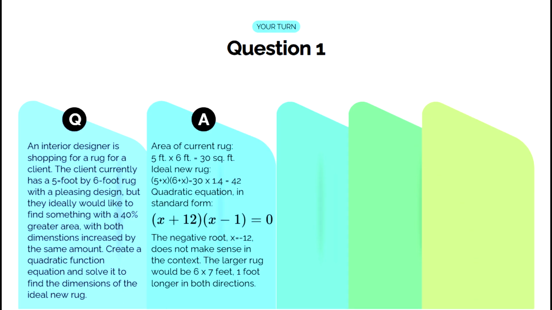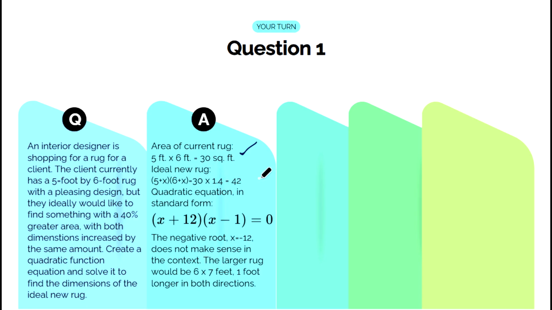Okay, this is what it says. The area of the current rug is 5 feet by 6 feet. And area is just length times width, so 5 times 6 is 30 square feet. The current rug is 30 square feet. I can get all this. Check. That all makes sense in my brain. The ideal new rug is 5 plus x times 6 plus x equals 30 times the whole rug plus an extra 40%, so 1.4, which 30 times 1.4 is 42.